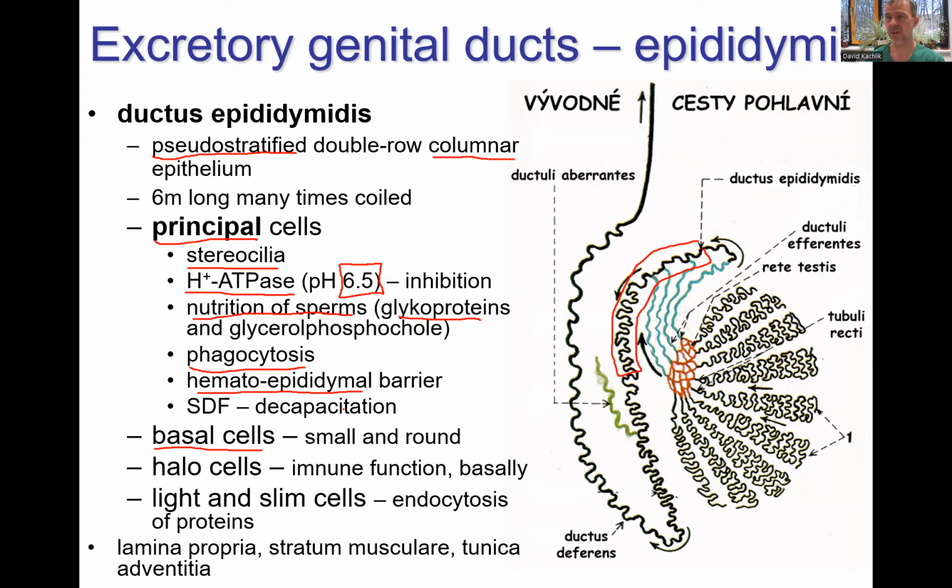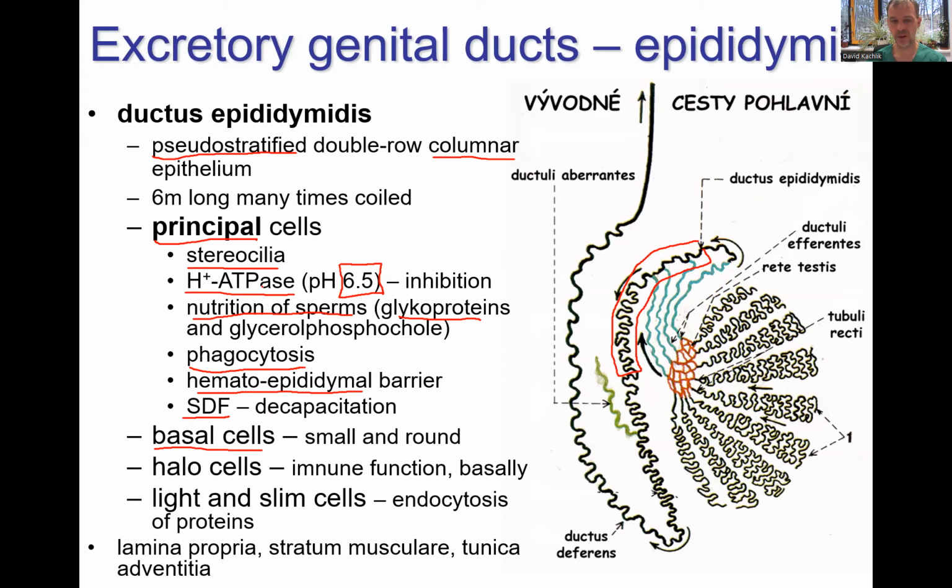And to prevent the sperms from capacitating, their surface is covered by surface-associated decapacitation factor or protein, which is covering that, and it is finally removed in the female genital tract.